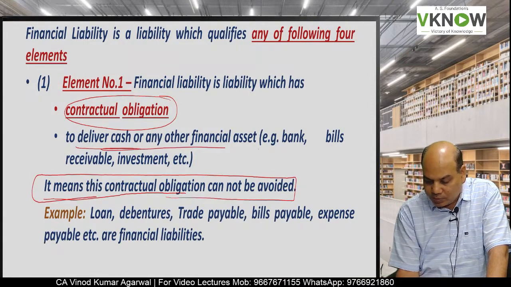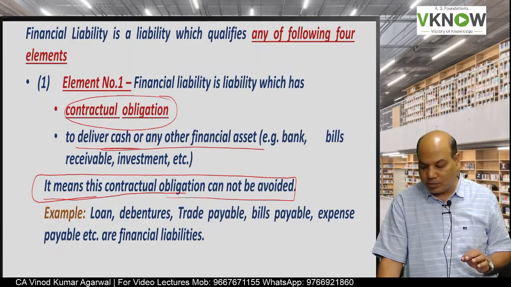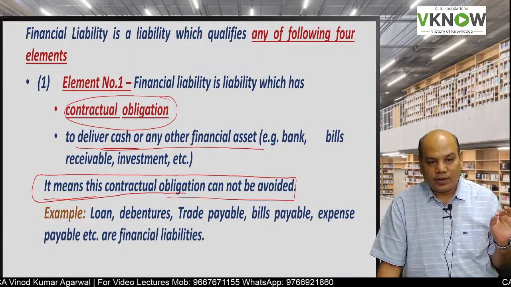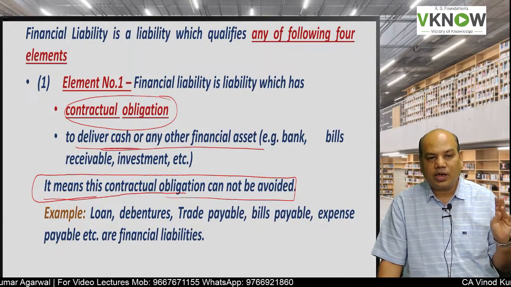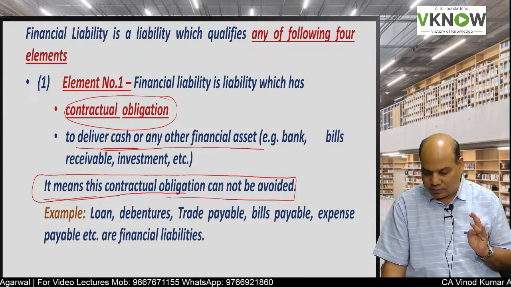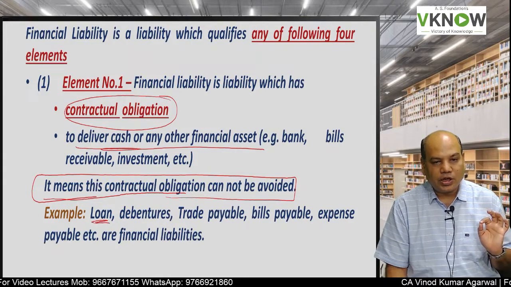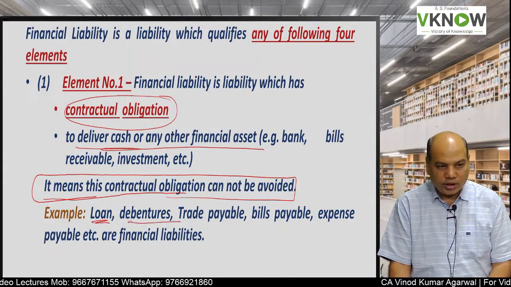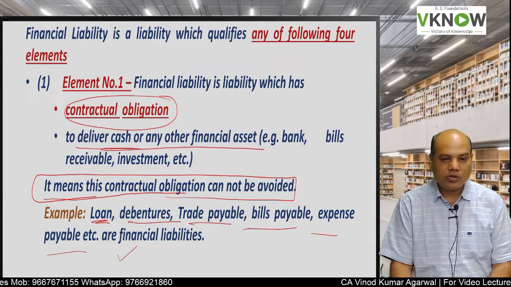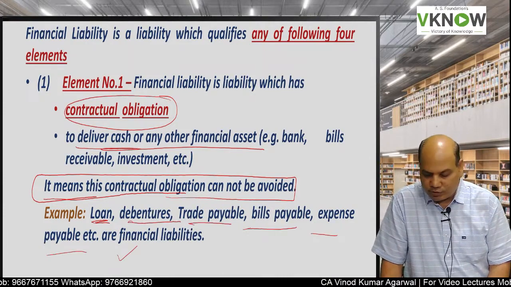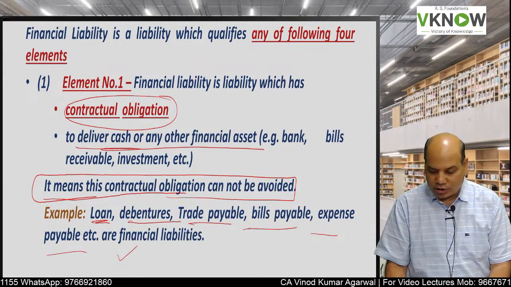The entity will be required to make payment in cash or other financial asset and it can't be avoided. Then element number 1 is satisfied: contractual obligation to deliver cash or other financial asset. Some examples of element number 1 financial liability are loan, debenture, trade payable, bills payable, expense payable. These are financial liabilities. Stipend payable is also a financial liability.